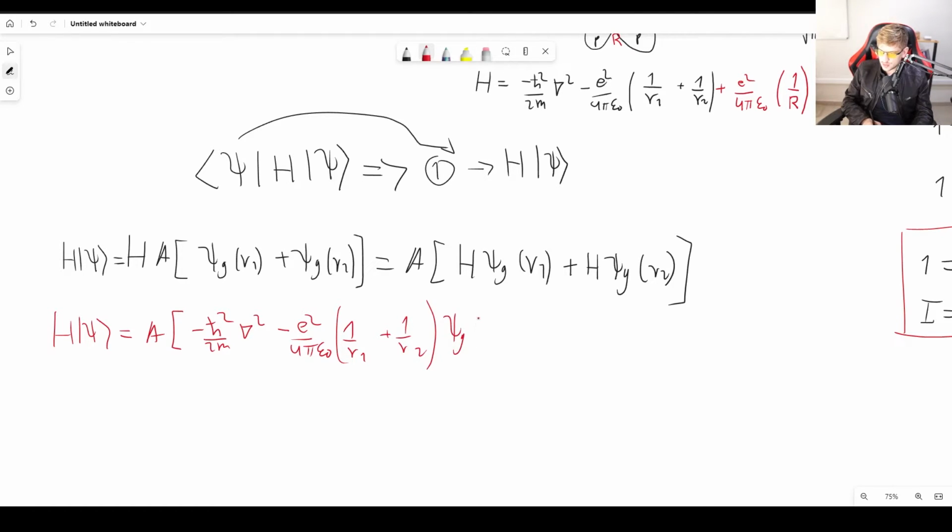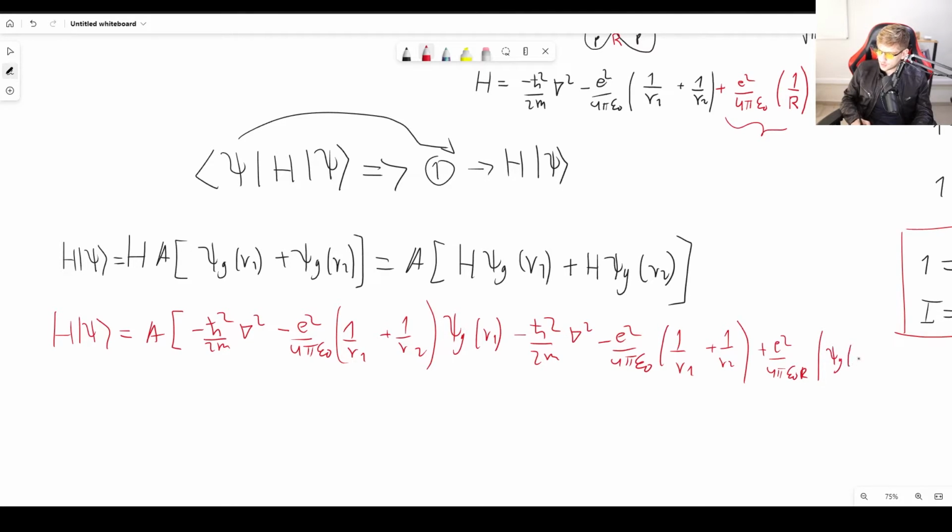And psi g r1. And now the exact same thing. So minus h bar squared over 2m del squared, minus e squared over 4 pi epsilon 0 times 1 over r1 plus 1 over r2. And we still have to include this part. So we get plus e squared over 4 pi epsilon 0 r factor of psi g r1 plus psi g r2.